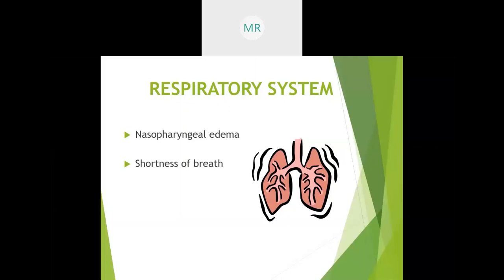Okay, because again, thank you to estrogen, the upper respiratory tract becomes more vascular in response to increased levels of estrogen. And it does cause this nasopharyngeal edema, which is a nasal stuffiness.